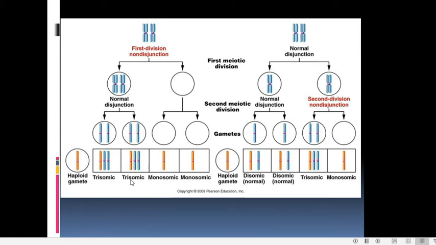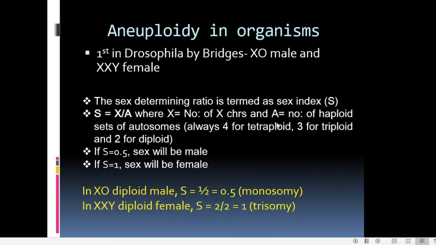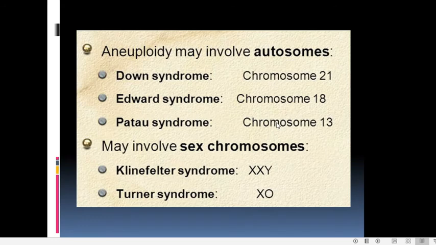This is trisomy. Suppose this is the 21st chromosome that has an extra copy, and this abnormal gamete is fused with a normal gamete; that will result in trisomy, or Klinefelter syndrome. Whatever the trisomy condition, in whichever chromosome it exists, it occurs by non-disjunction of chromosomes during meiotic division.